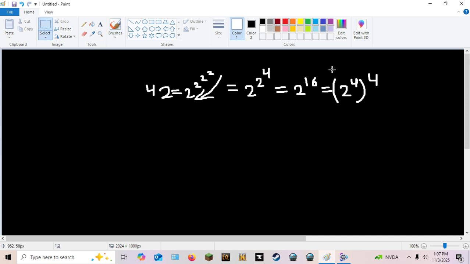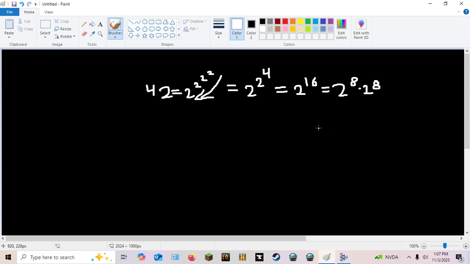Just do the properties of exponents in reverse, because it's gonna take you back to 16. I'm gonna do 2 raised to the 8 times 2 raised to the 8. Why? Because the properties of exponents tell us we can add the exponents. So 8 plus 8 is 16. That's why they're equivalent to each other.